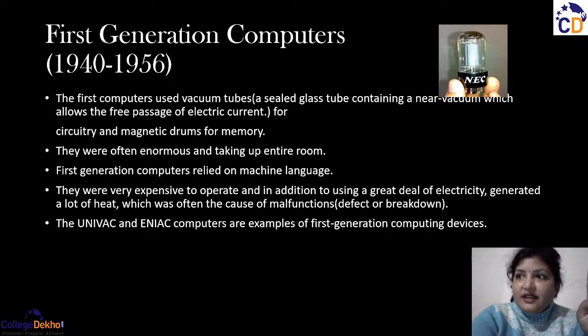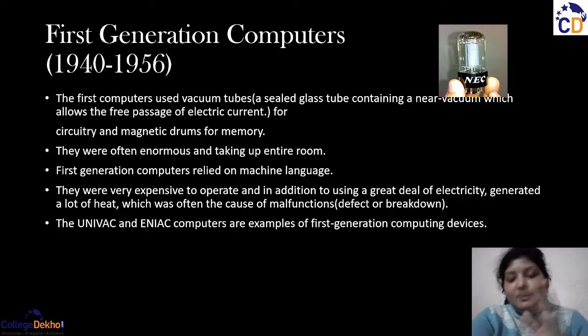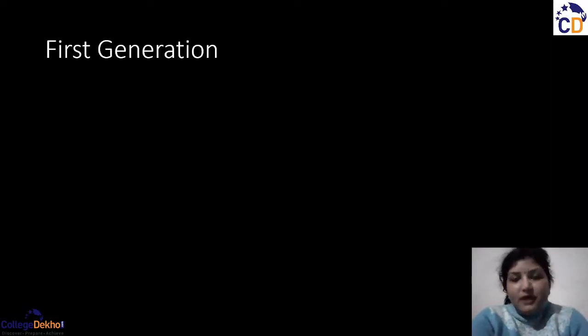In addition to that, they used a great deal of electricity and generated a lot of heat, which was often the cause of malfunctions, or you may say breakdowns. The UNIVAC and NEAC computers are examples of first generation computing devices. Right? Let me give you some highlights of this part.